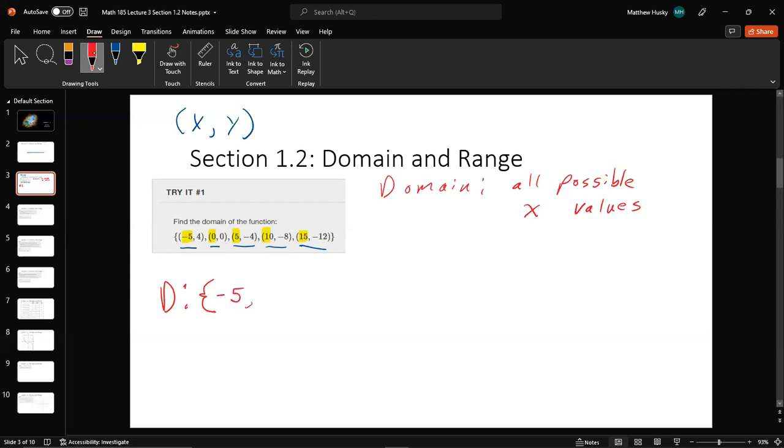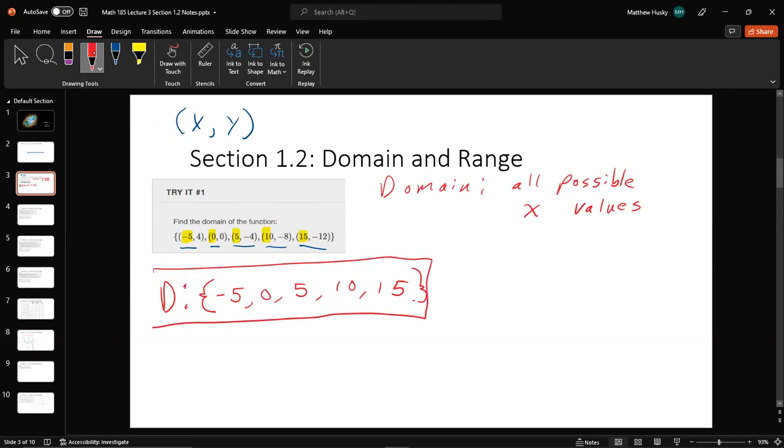It's -5, 0, 5, 10, 15. There you have it. That is the domain. So it's all the possible x values that you can have. If your function is just a list of individual points, you're just listing the individual x values.